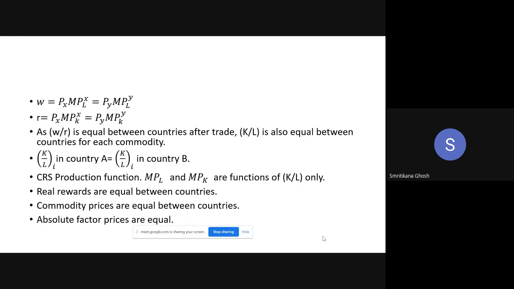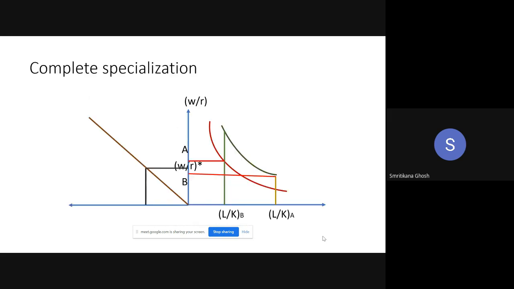But the implication, the importance of the model is that finally you can find out the factor prices that will be equal, and the absolute factor prices, not only the relative one, will also be same for both the countries. So this is the factor price equalization.